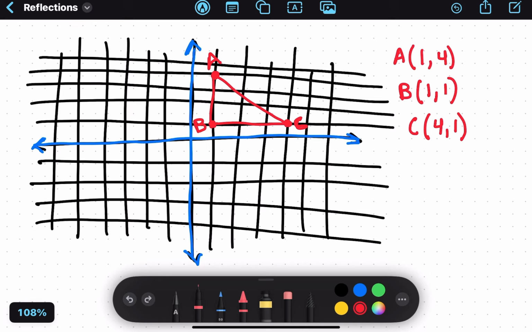Now, in order to reflect it, we need to make sure each point is as many spaces away on one side of the line as it is on the other side. Basically, you go 1 over to the line here, and then you just go 1 over to the line there. And then there you go. So that would reflect point C. B is 1 over, 1 over.